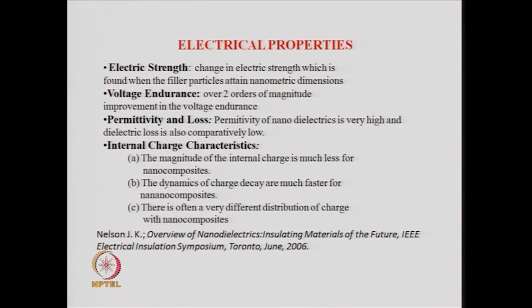Now, the properties of these dielectric materials that are of importance when one wants to apply them in many of these devices, especially as MLCCs, you have to look at the electric strength of the material. So, for this nanocomposite, or this material with nanometric dimensions, what is the change in the electric strength when the filler particles are in nano dimensions?